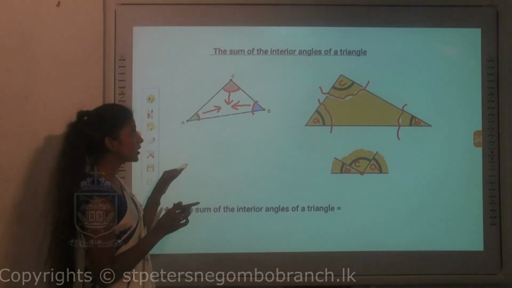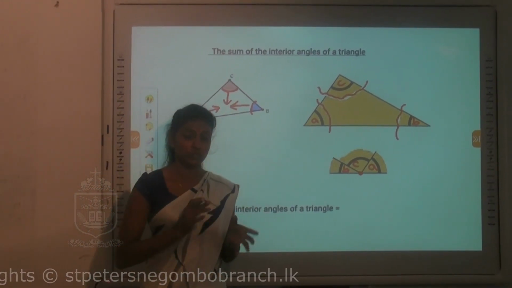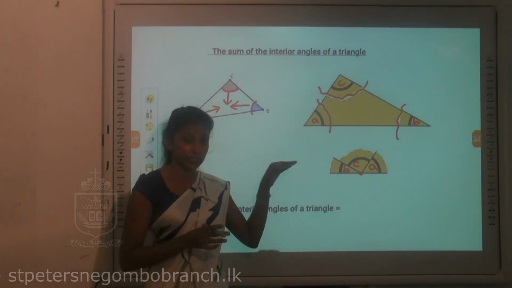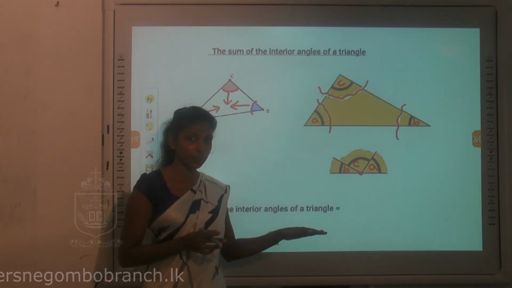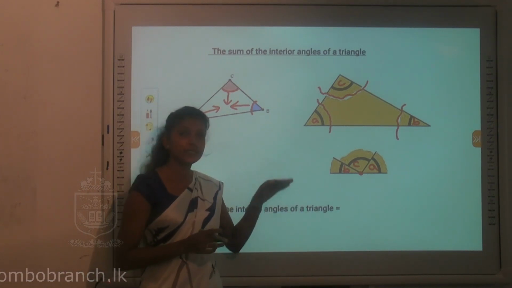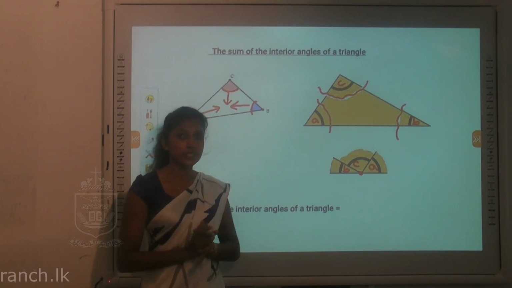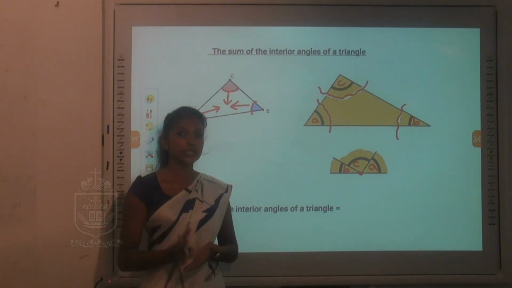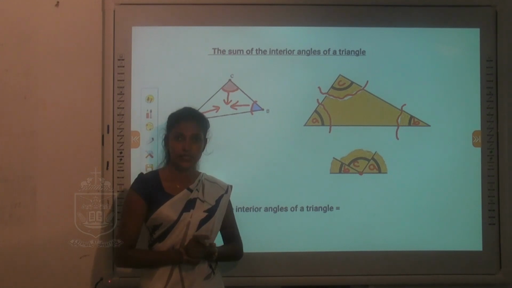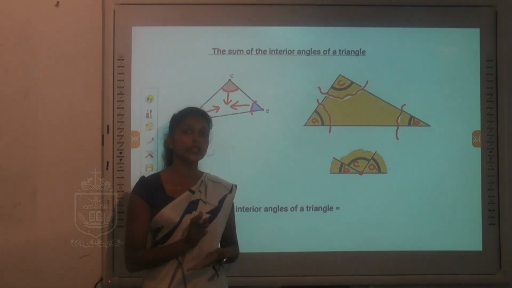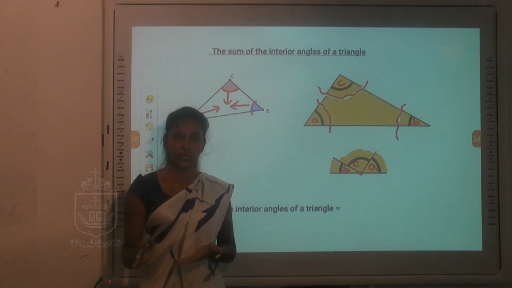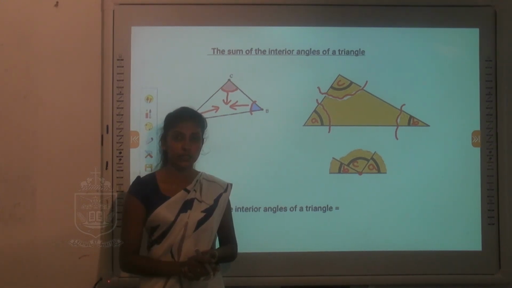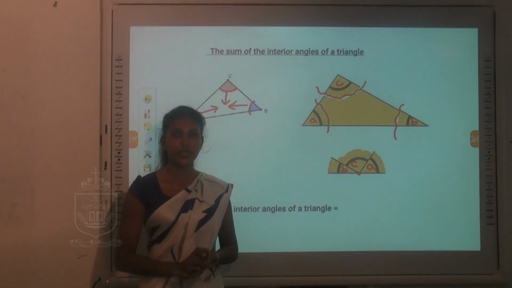Once you cut the three interior angles in a triangle and paste them around a certain vertex without overlapping, you can see all three interior angles will lie on a straight line. As you learned in the Unit 3 angles lesson, the sum of the angles on a straight line is exactly 180 degrees.